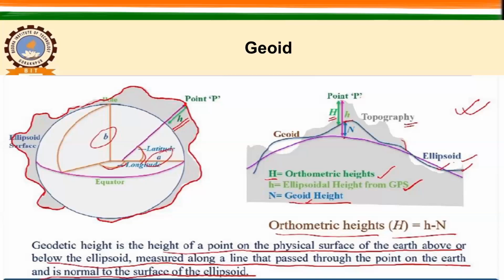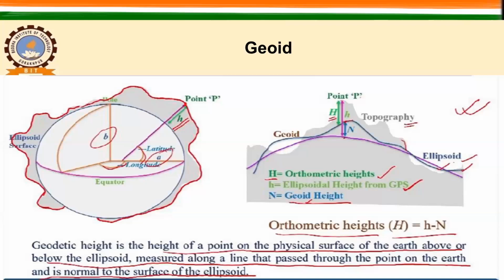So you can use this particular equation to estimate the orthometric height. This H, which is basically from the geoid to your position, is your orthometric height, and small h is measured from your ellipsoid. Capital N is the distance between your geoid and ellipsoid, and this is known as the geoid height.